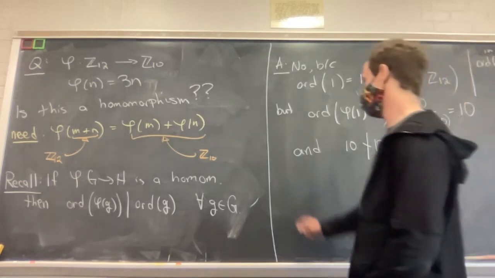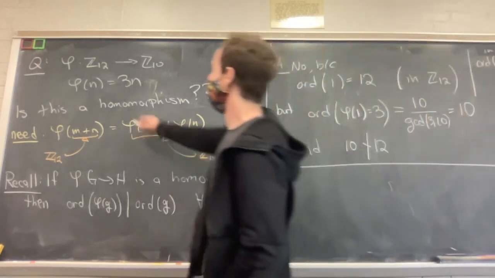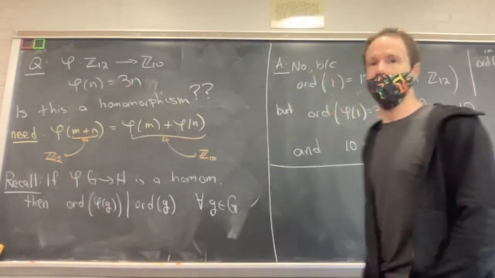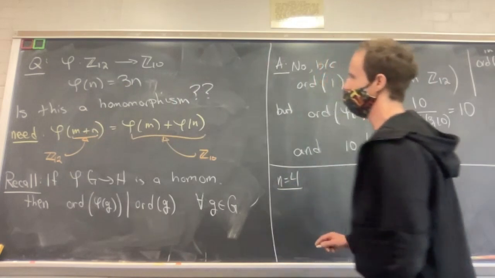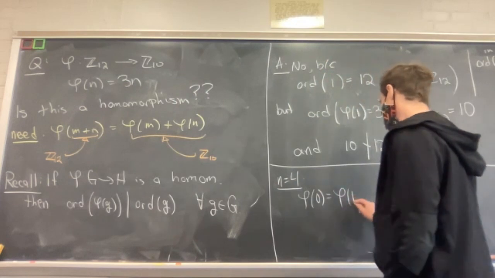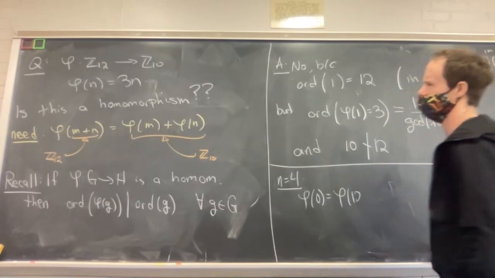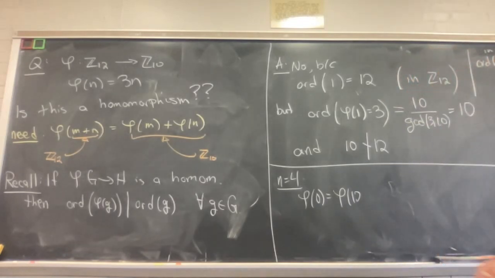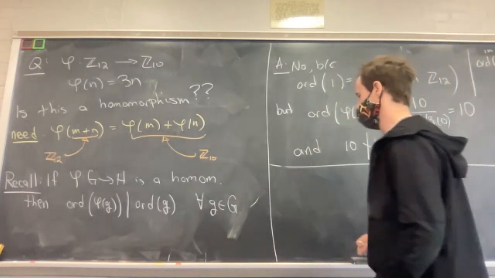Now, could you do it simpler for this single case and not use the tool over there? Yeah, I think you could. Maybe you could do it by setting n equal to 4 and see that something goes wrong. Wait, no, sorry, did I mean 4? No, I mean 10.